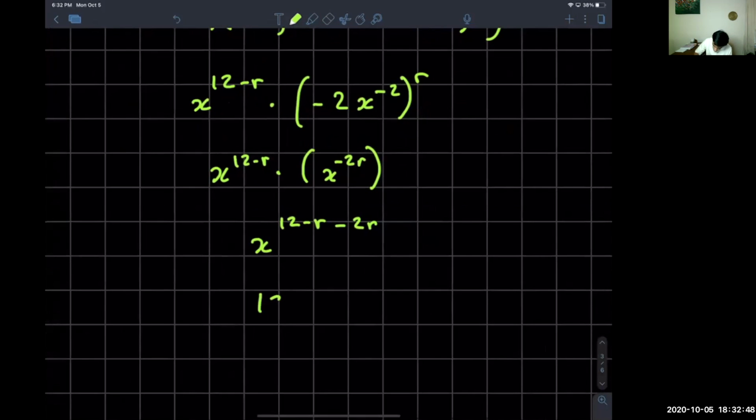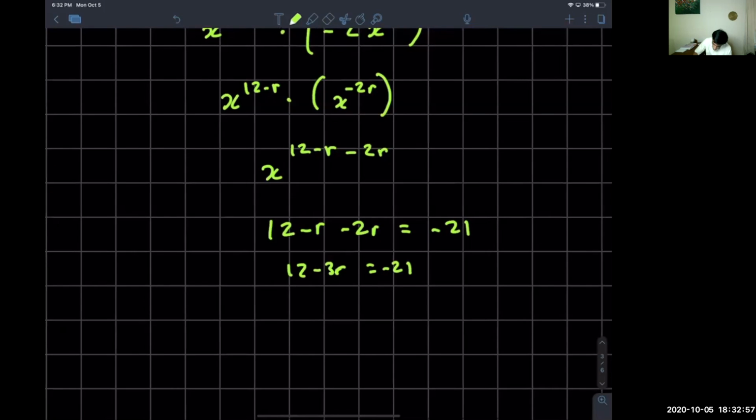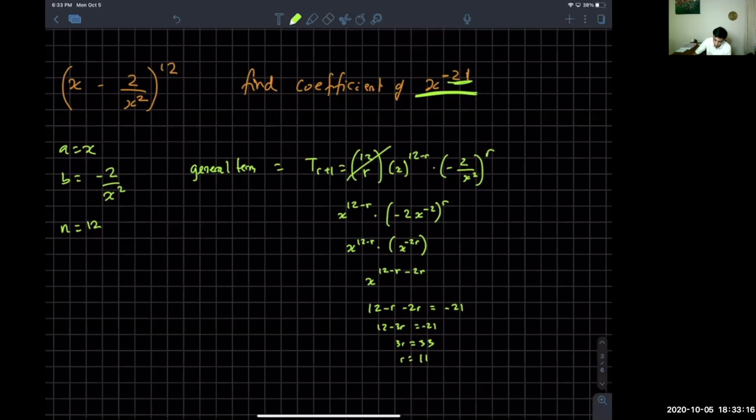Now we want this to equal negative 21. So we do 12 minus r minus 2r equals negative 21. That's 12 minus 3r equals negative 21. So that becomes 3r is equal to 21 plus 12, which is 33. R is equal to 11. So when R is 11, the term will have an x to the power negative 21, okay?